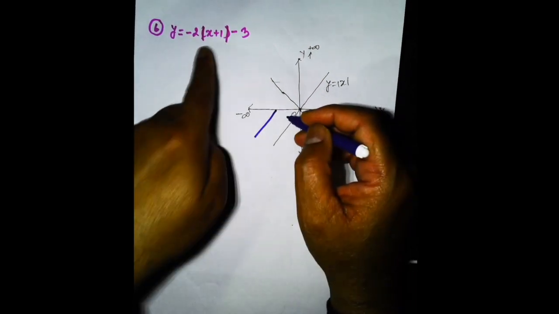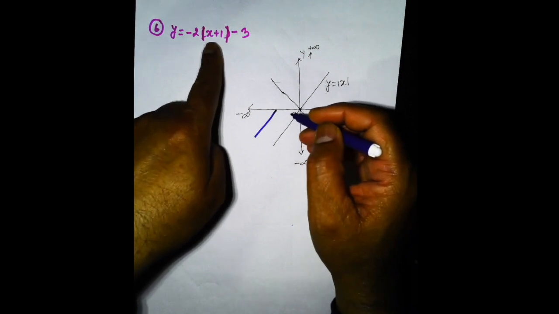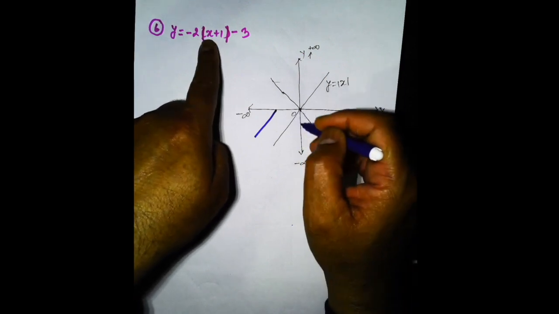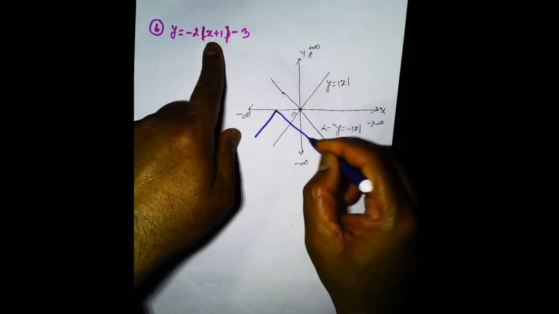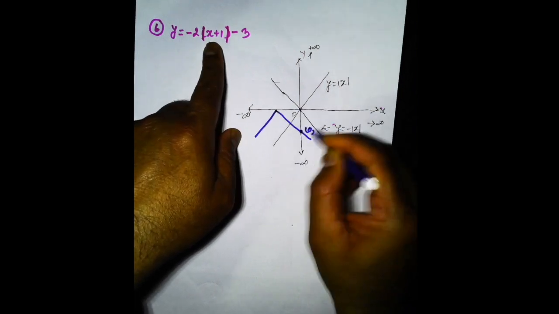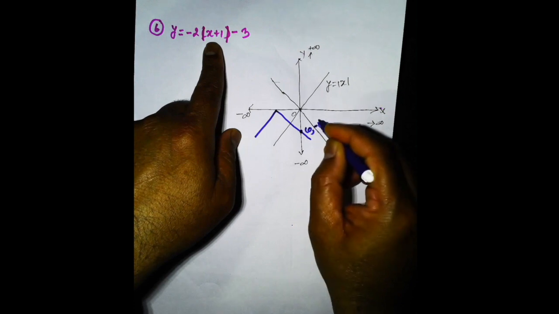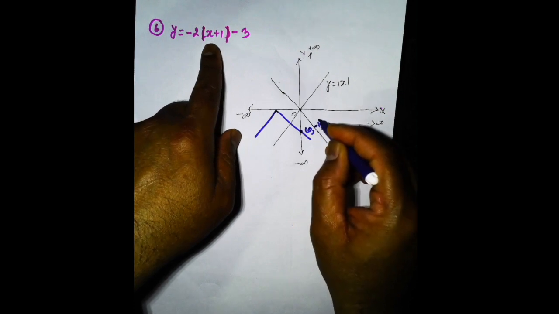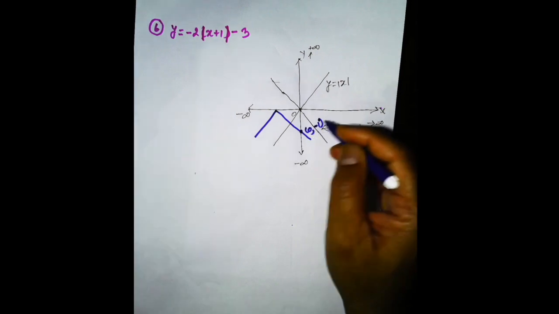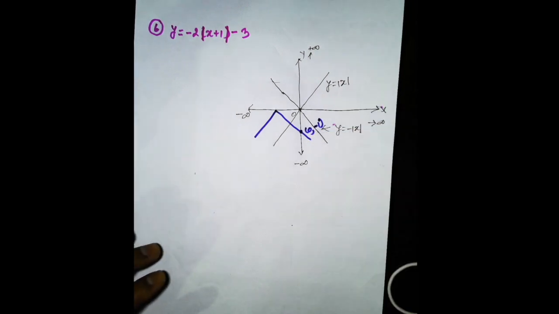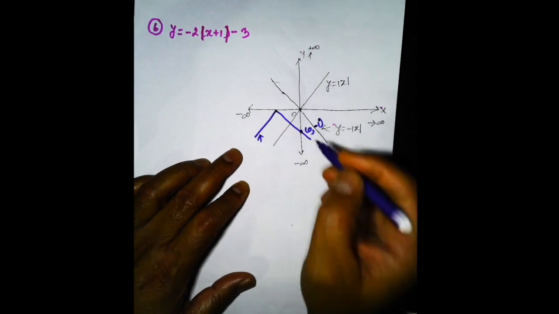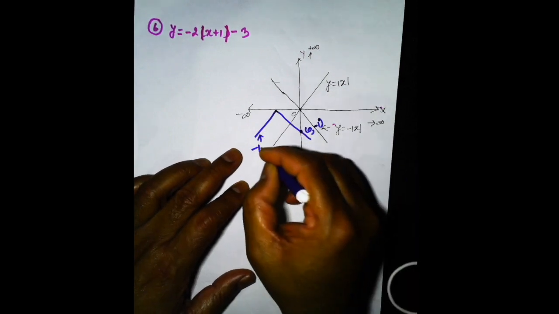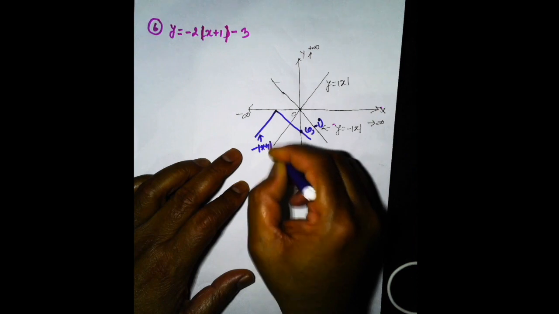So this is the graph of -|x + 1|. If I am considering only x + 1, when x equals 0 on the y-axis, y is going to be -1, so it will pass through the point (0, -1). Okay, so up to here we have the graph of -|x + 1|.